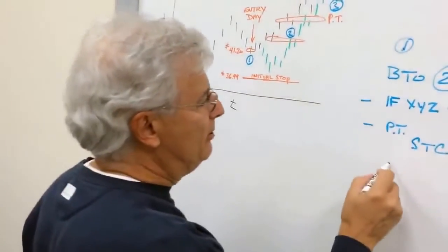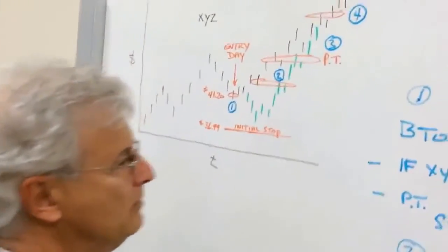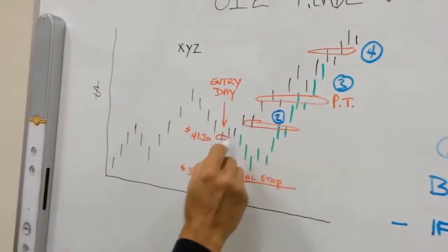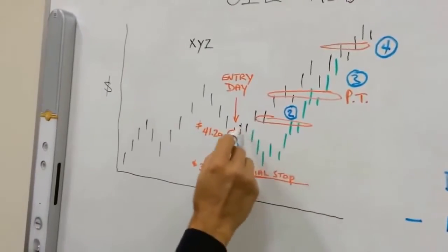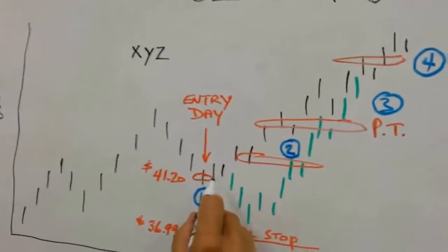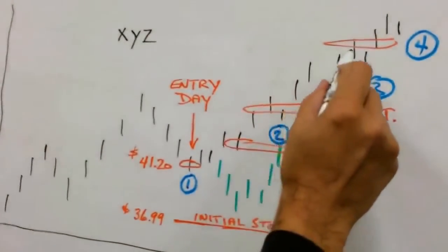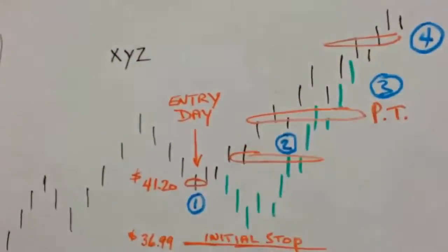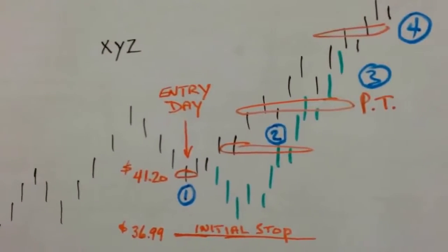Now at point 2, let's say after the stock's moved up here, and I've got 2 scenarios, by the way. Here's the black bars. This is the way we'd like the market to go. After we buy, we'd like to see it go straight up with the call option.